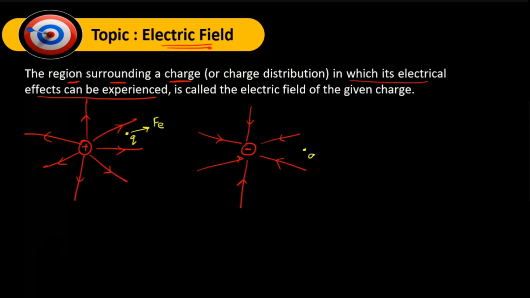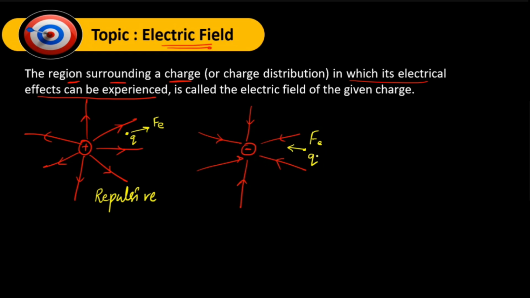Similarly, if the same nature of charge was present near a charge, then the force experienced will be in this direction. You can assume if it is a positive charge and it is present in some positive charge's electric field, the force it experiences is repulsive, and because of that repulsive force, the charge is going to move away from it.